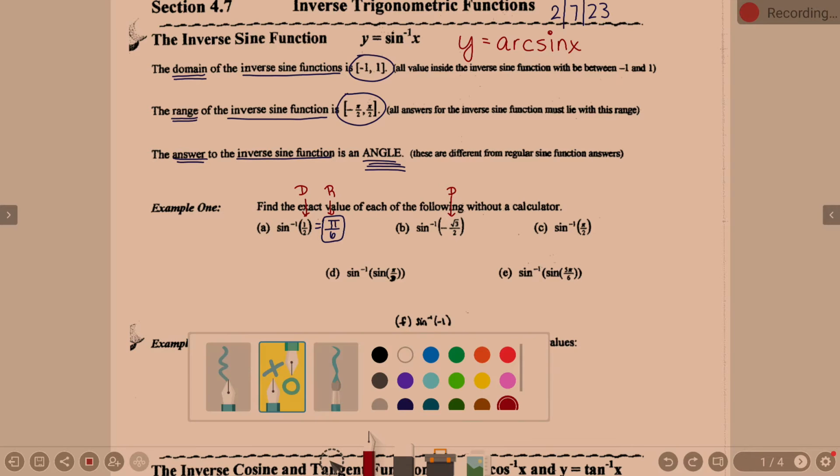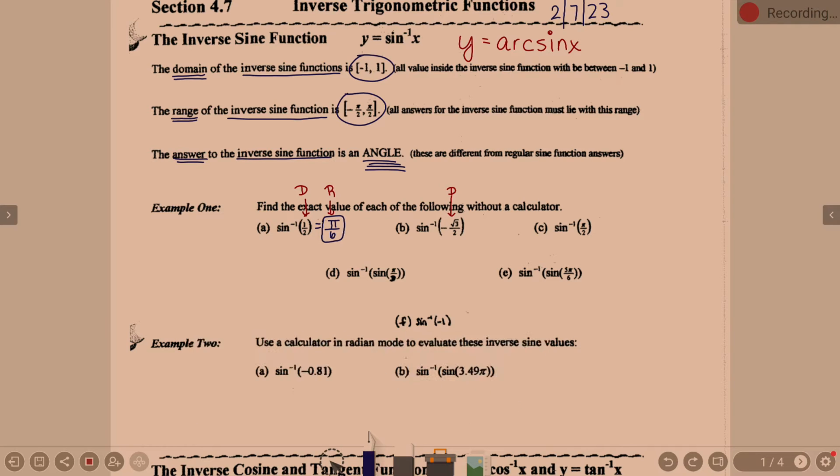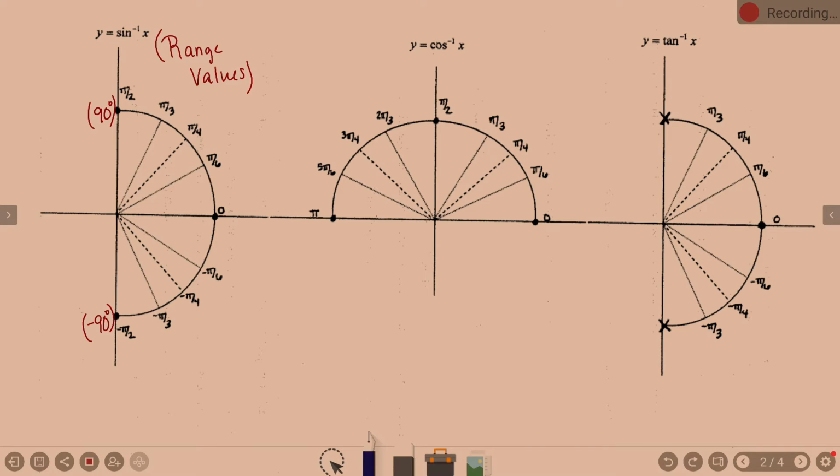Which, what am I actually going to write up here? Well, actually I shouldn't even write it yet, but I will for the moment. Okay, now, I'm going to go to the back side of our page for a moment.